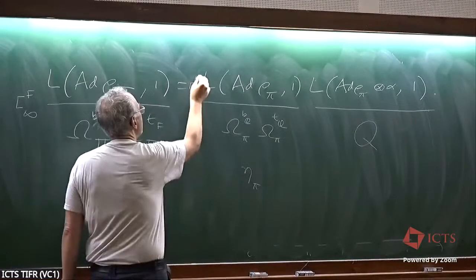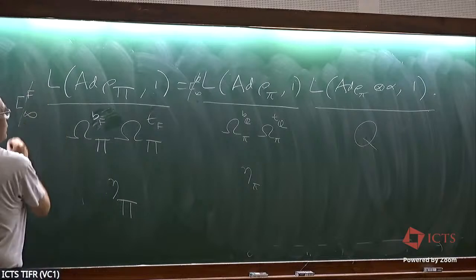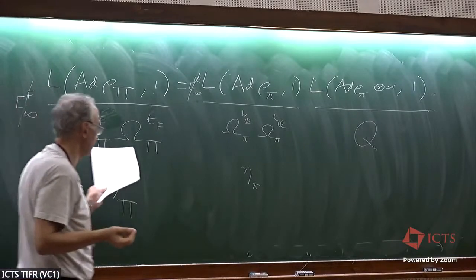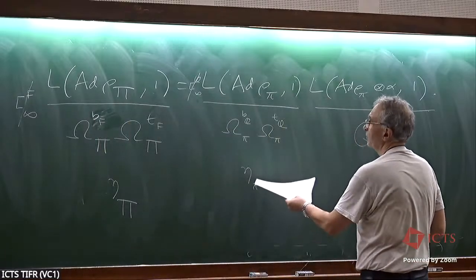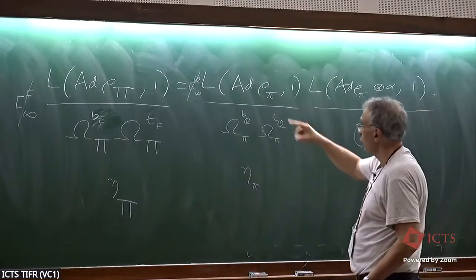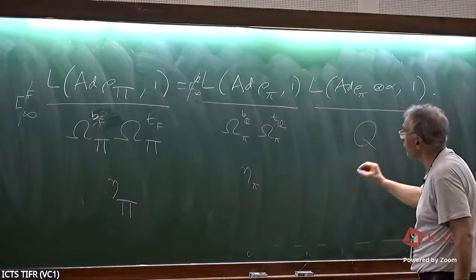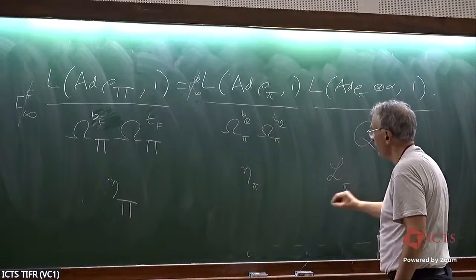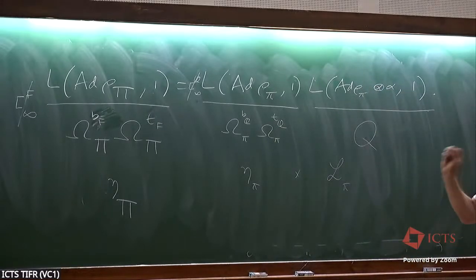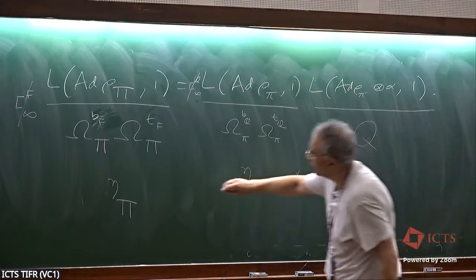So we assume these are p-adic units. We can prove that they are p-adic units for GL3. So GL3 Q to GL3 F works. So we have this, and here we have something, maybe L pi, which I don't want. This is the quotient here. Now this is an equality.